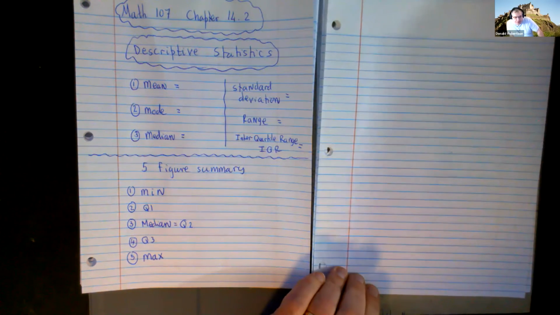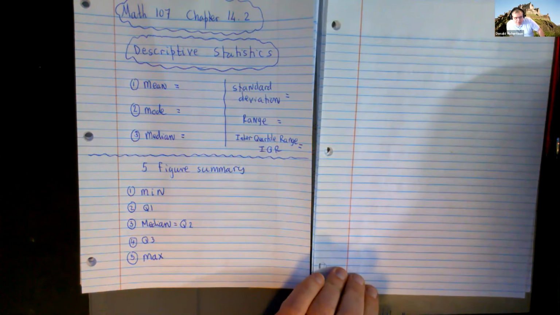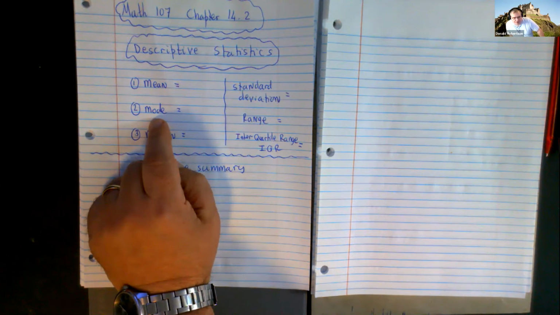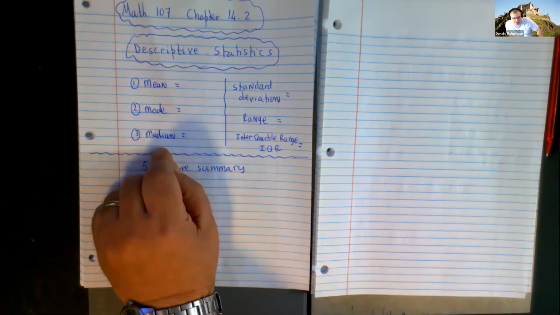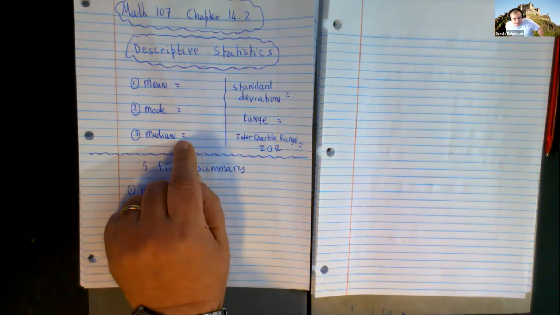And we have the mean. Remember that one? You add them all up and divide by how many? And we have the mode, which is the one that causes the most trouble, not because it's the hardest, but because of the rules about when you do and don't have a mode. And then we have the median, which is the middle number when they're in order. And there's two versions of that.